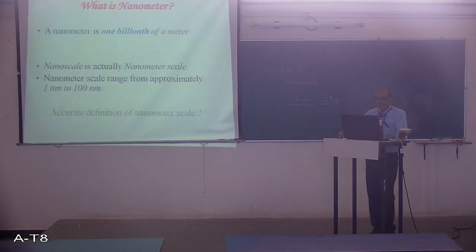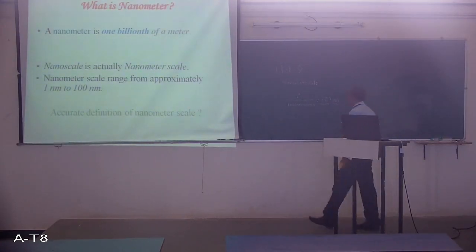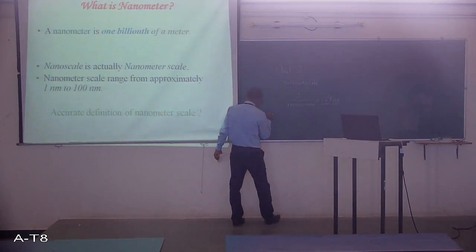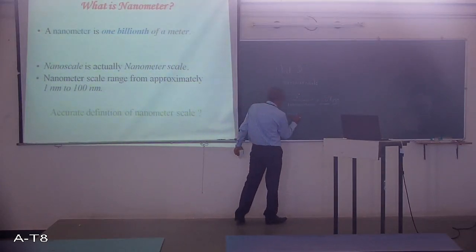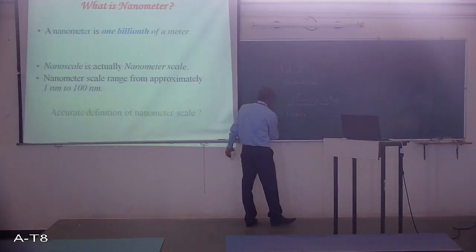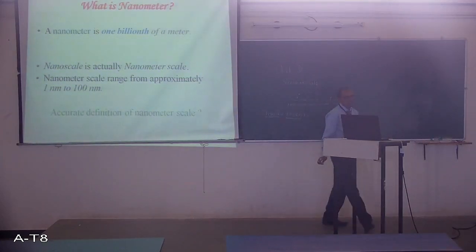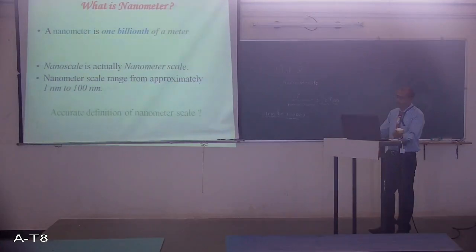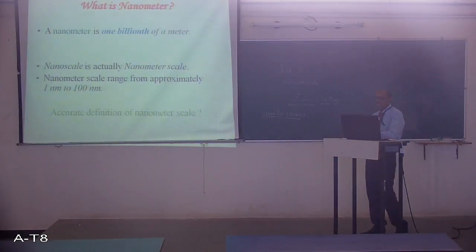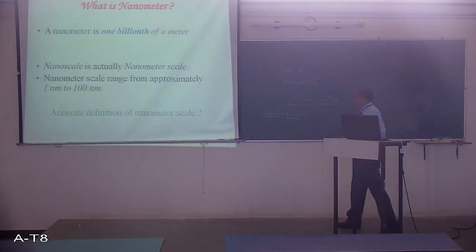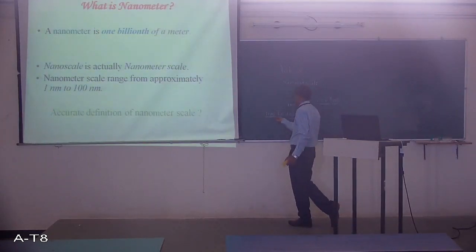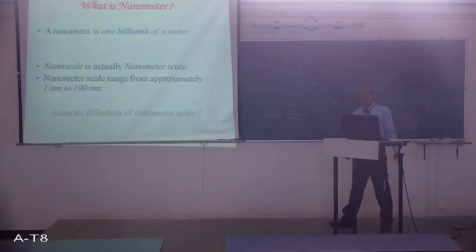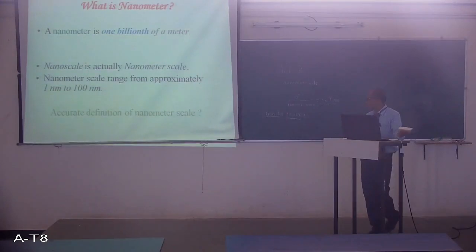The nanometer scale range is approximately from 1 nanometer to 100 nanometer. What is the accurate definition of a nanometer scale? The actual range is 1 nanometer to 100 nanometer.